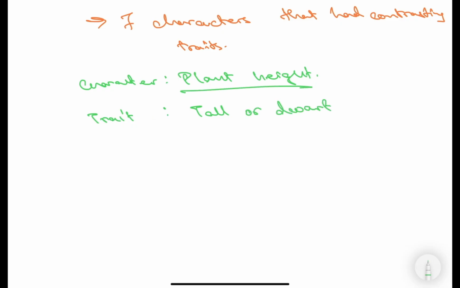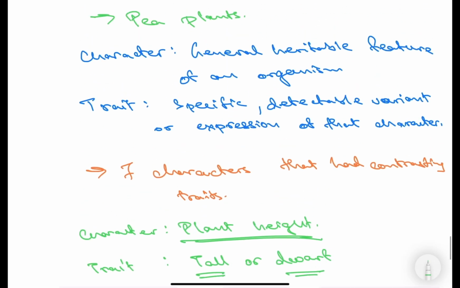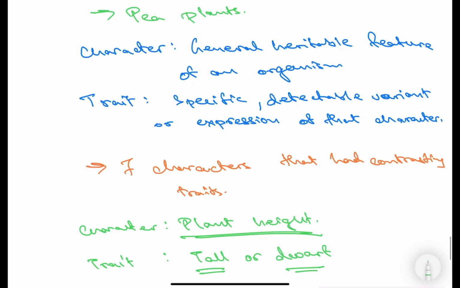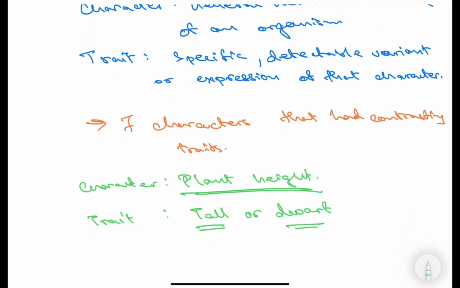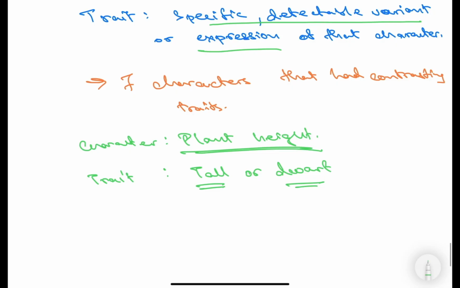So the character is plant height, and it has 2 observable traits, tall or dwarf. The general heritable feature is plant height, and the specific detectable variant or expression is tall or dwarf.